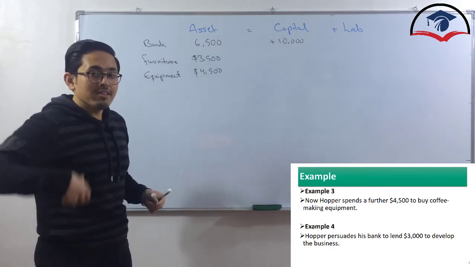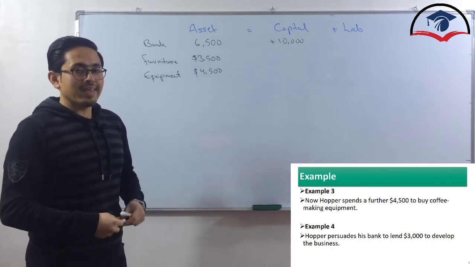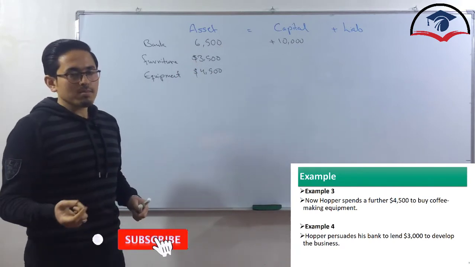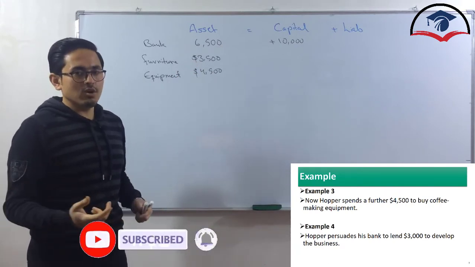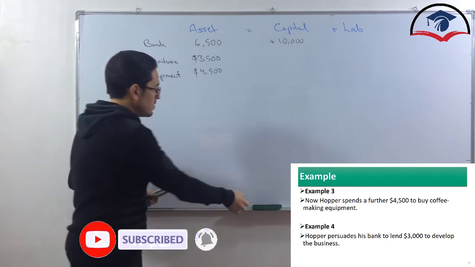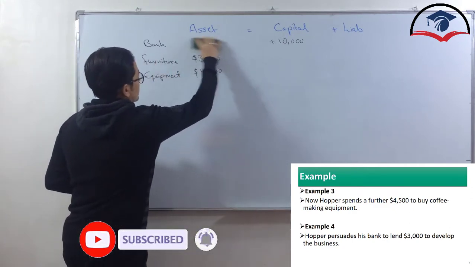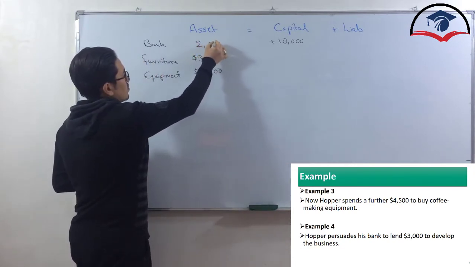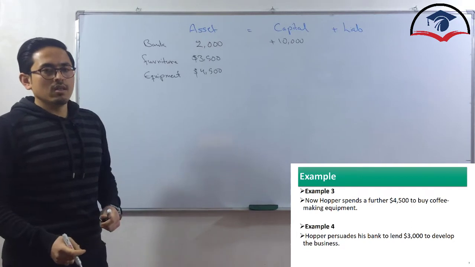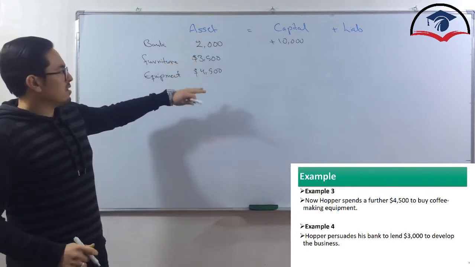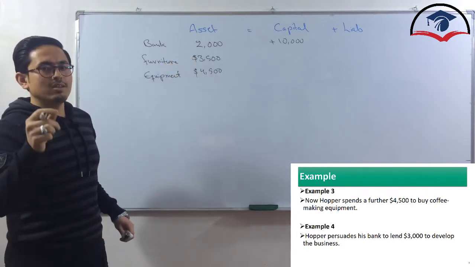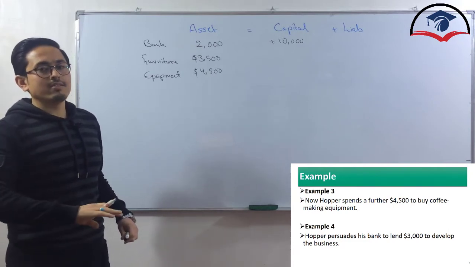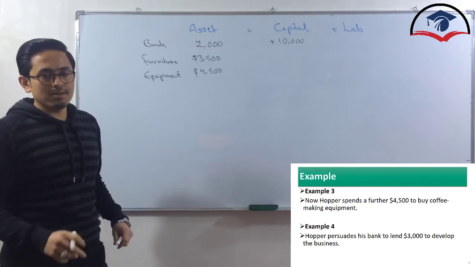But of course he paid from his bank account. He paid the cash for that. So it's $6,500 minus $4,500. The remaining balance will be $2,000. 3,500 plus 4,500 will end up to 8,000. 8,000 plus 2,000 is 10,000. Still balanced with the changes that come to the business.